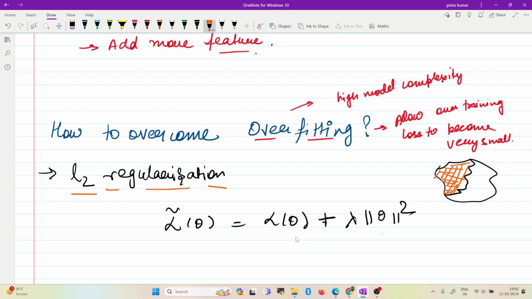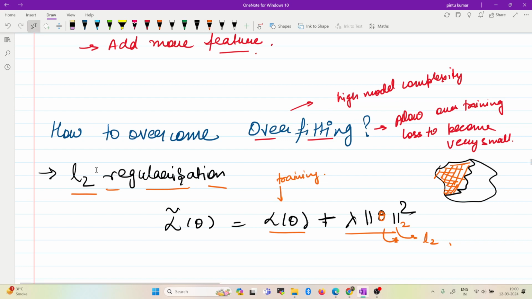This is your loss on your training data set. You modify your loss by adding a regularization coefficient times the norm of your parameters. The norm being used here is the L2 norm, which is why this is called L2 regularization.